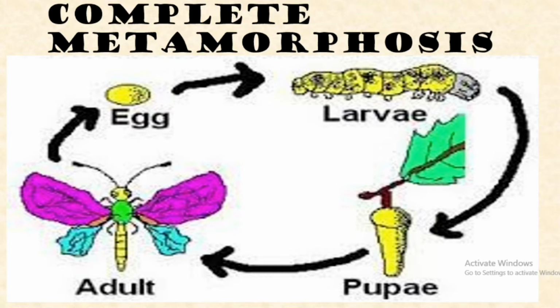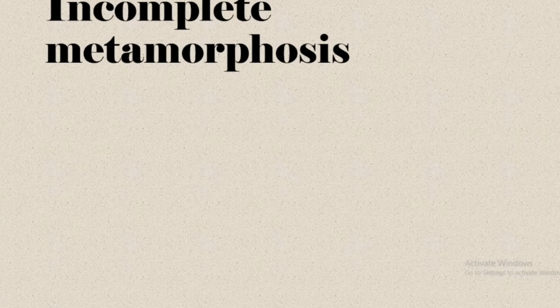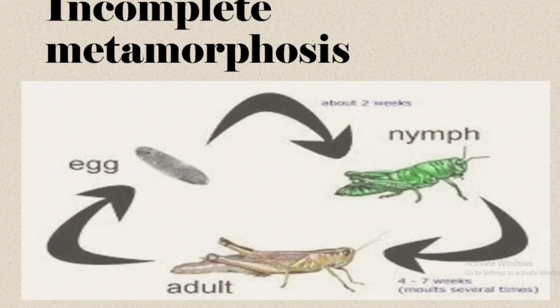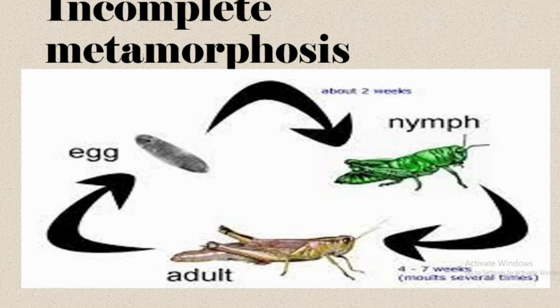Then, on the other hand, the incomplete metamorphosis. Here, there is one resemblance in one or two of the stages. As it is, the insect always lays an egg. That is where it begins.